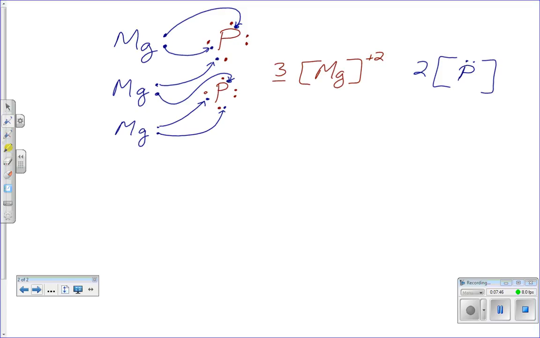That have filled up their highest energy level by taking the electrons from the magnesium, and each one of them has gained 3 electrons, so it gives them an overall charge of -3. So we have magnesium, and this is now called phosphide. So it would be called magnesium phosphide.